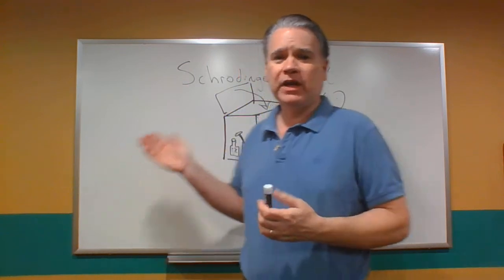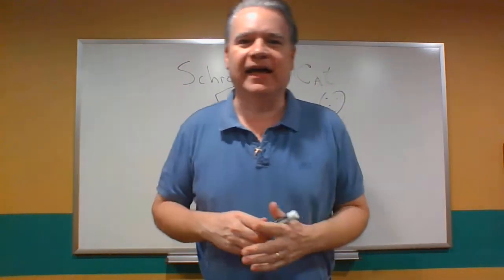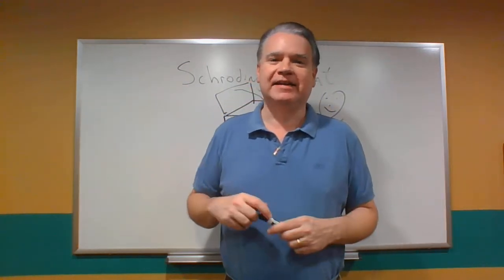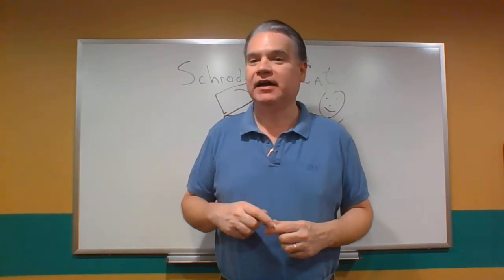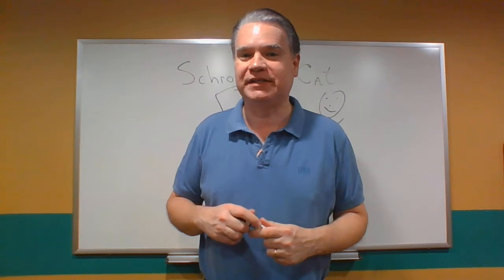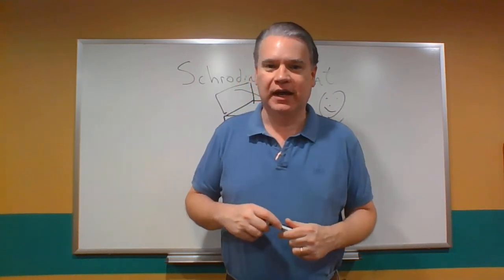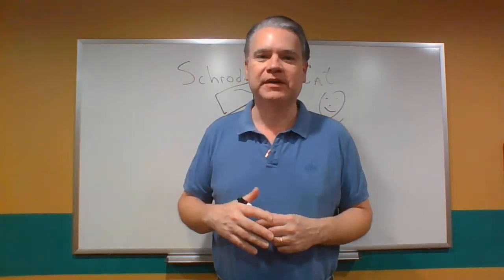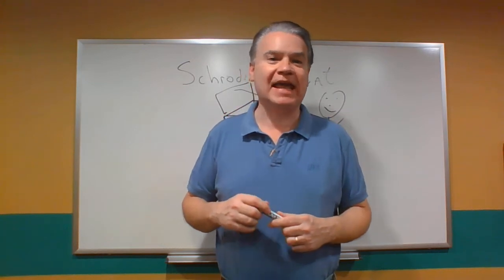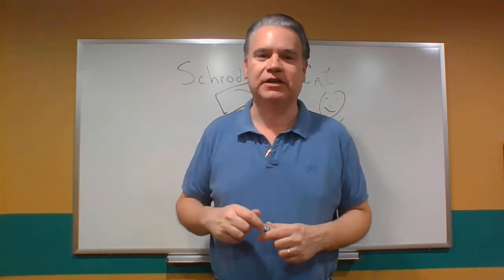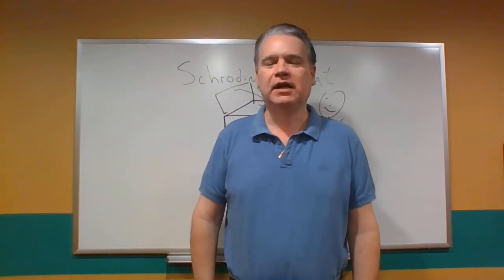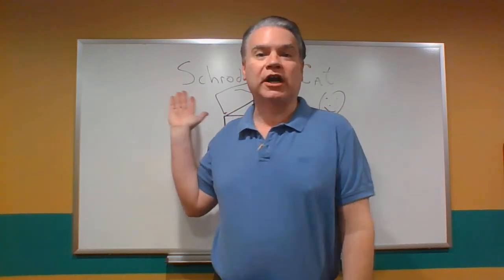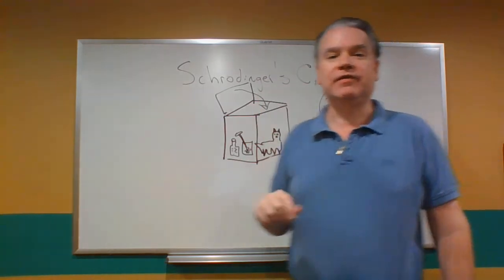So, Schrodinger's cat says that it's both alive and dead. It's in a quantum indeterminate state of superimposed quantum possibilities, and you can't say whether it's alive or dead. So it's both simultaneously.